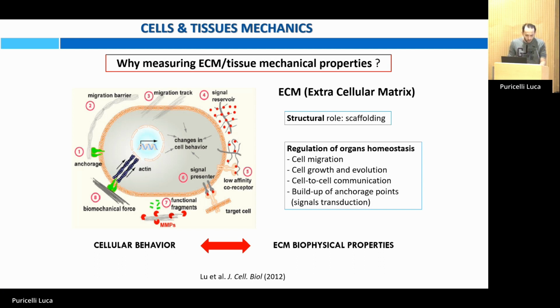Which is an ensemble of biological molecules, proteins surrounding the cells. And from a certain point of view, it provides, like the cytoskeleton, the scaffold where the cells live, but it's also important for regulation of some vital cell functions like migration, growth, evolution, building up of anchorage points.